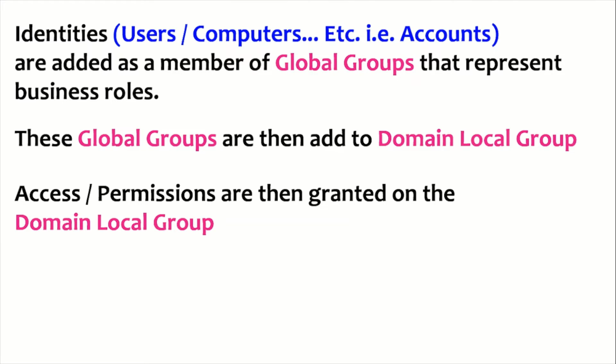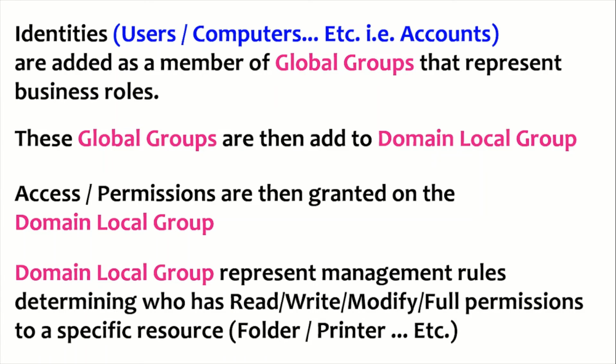Access or permissions are then granted on the domain local group, and the domain local group represents management rules determining who has read, write, modify or full permissions to specific resources. Resources can be, say, a folder, printer, anything, or even a server.